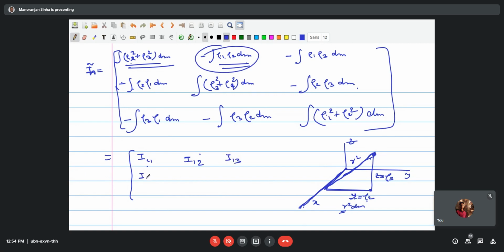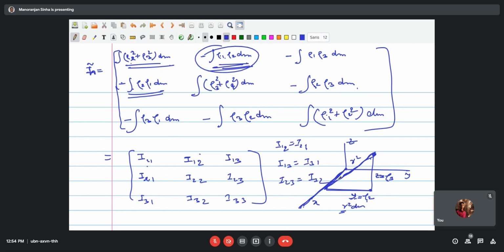Similarly, this becomes I21, I22, I23, and I31, I32, and I33. Where I12 equals I21 by definition, as you see here, this remains the same, and I13 equals I31, and I23 equals I32.